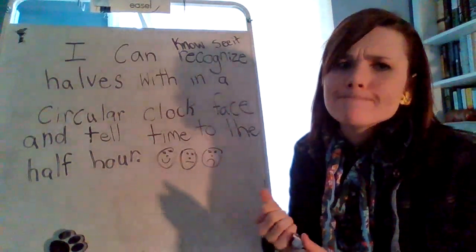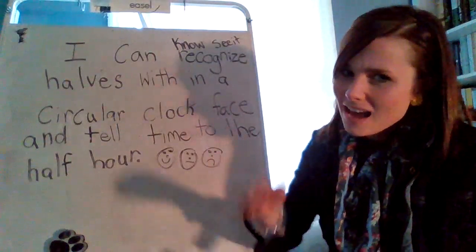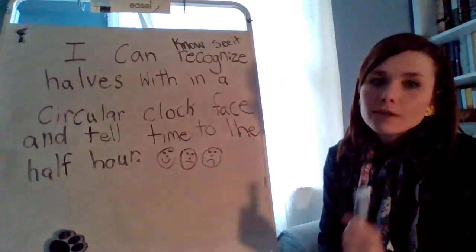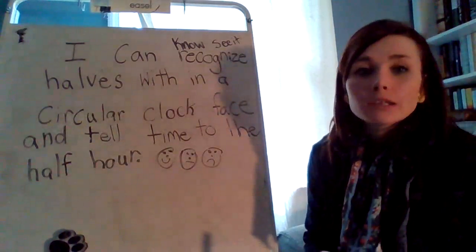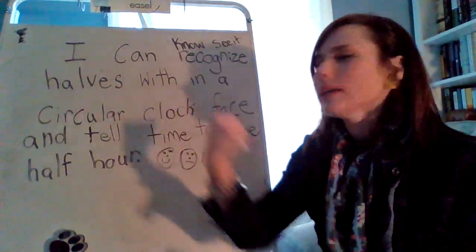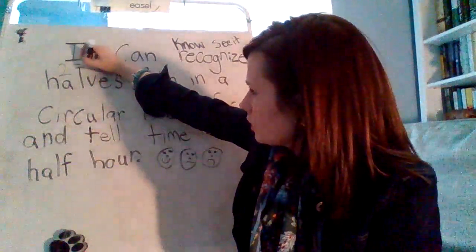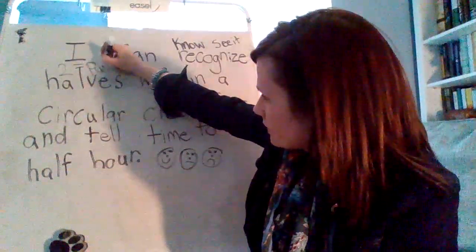Halves. When we're splitting something in half, how many equal parts do we have? If I'm gonna give you half a pizza, you're right. It's gonna be 2 equal parts. 2 equal parts is halves.